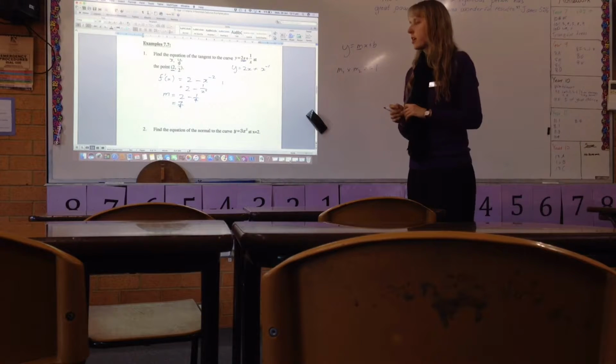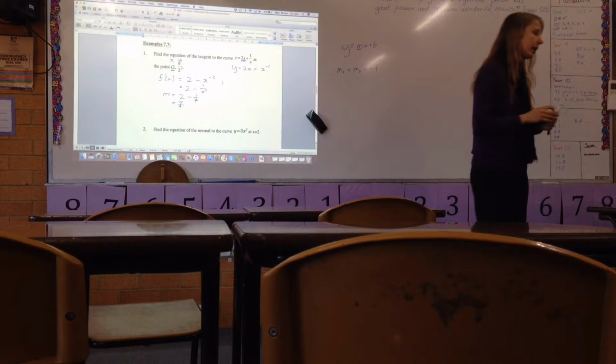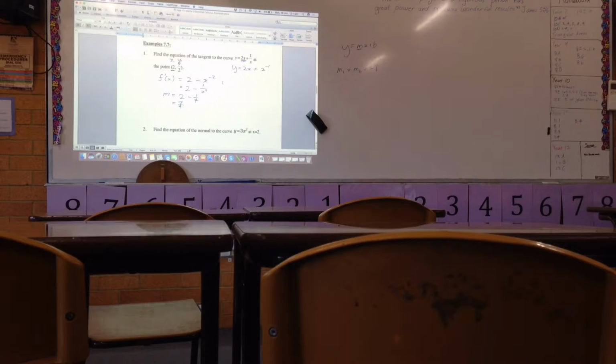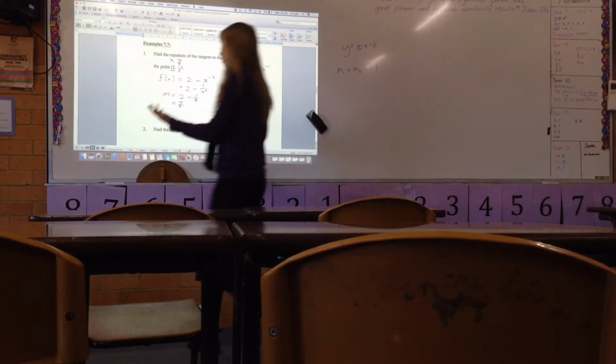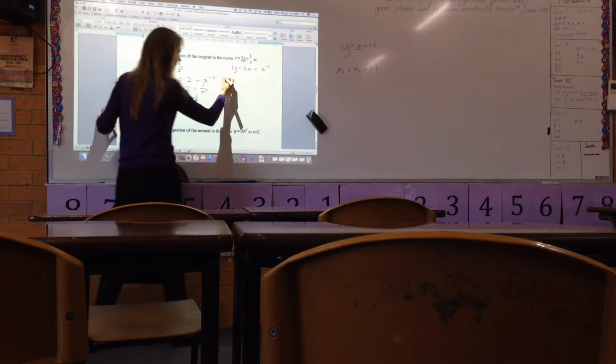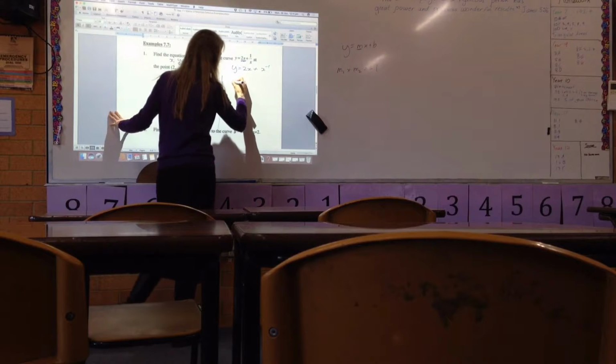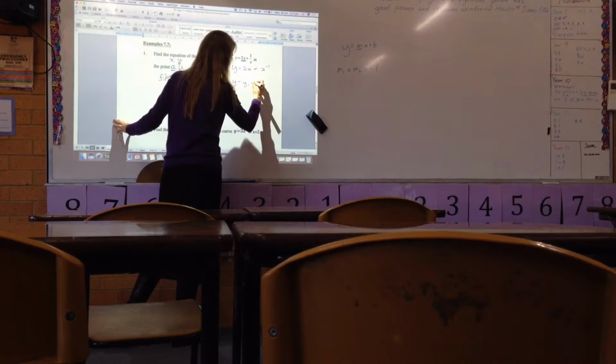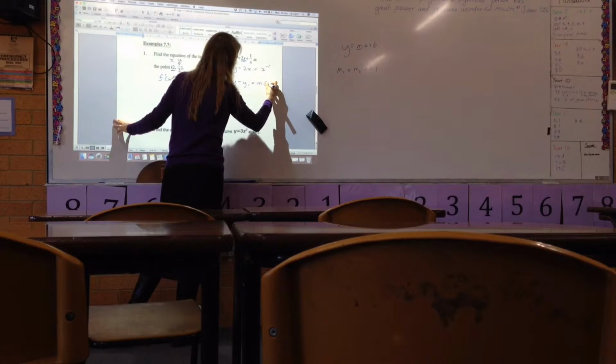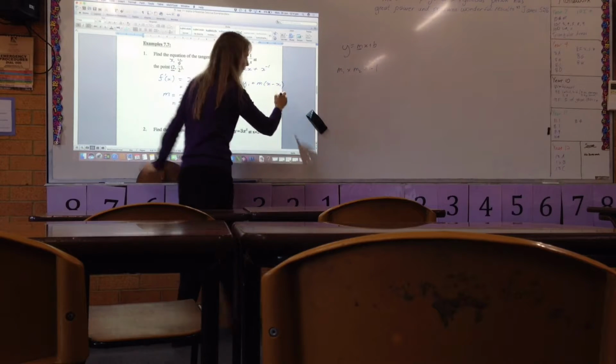Okay. Now our point gradient formula. What's the point gradient formula? Do we remember it? Remember, you don't need to memorize it. You only need to be able to use it. It's on your formula sheet. So I'll do it over here. y minus y1 equals m(x minus x1).